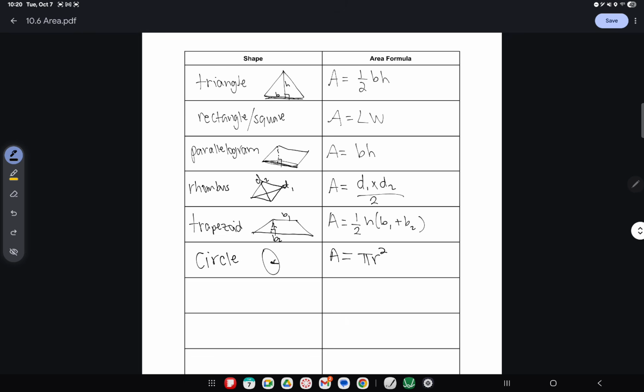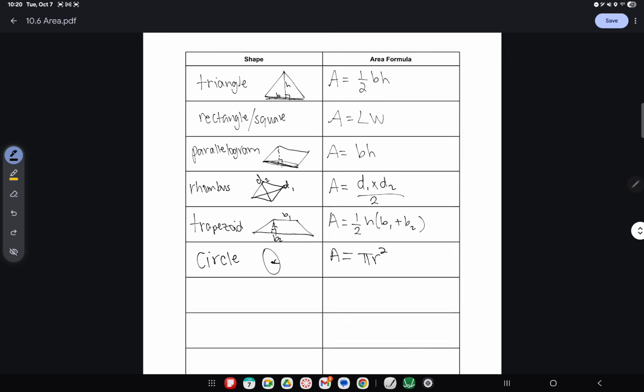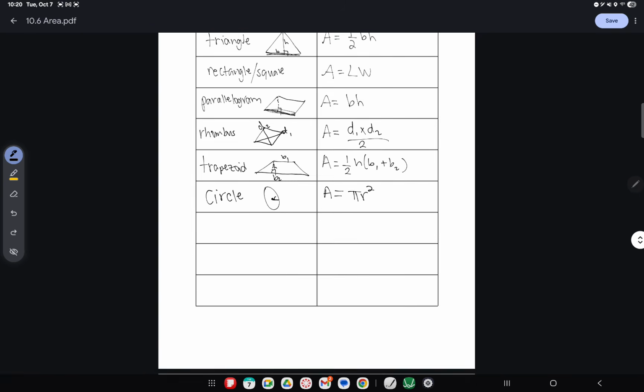Trying to think what other kinds of shapes are worth knowing. We'll leave them blank, and if I decide that we need some more, we can always fill them in.